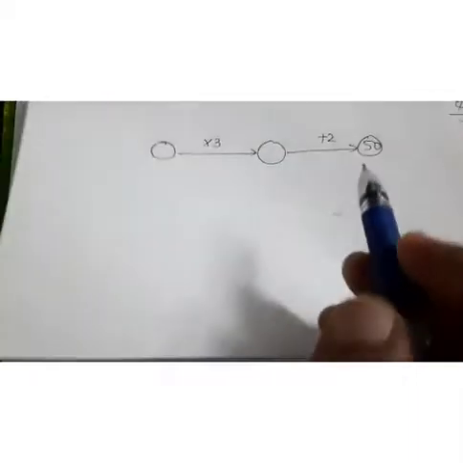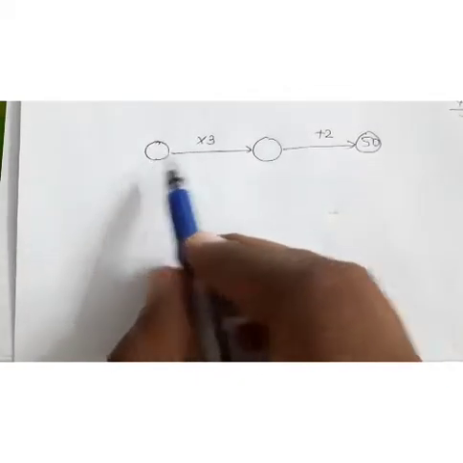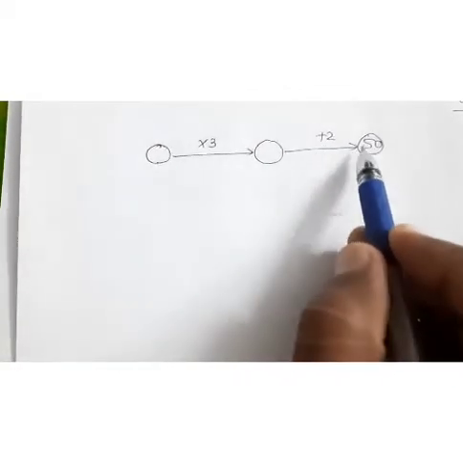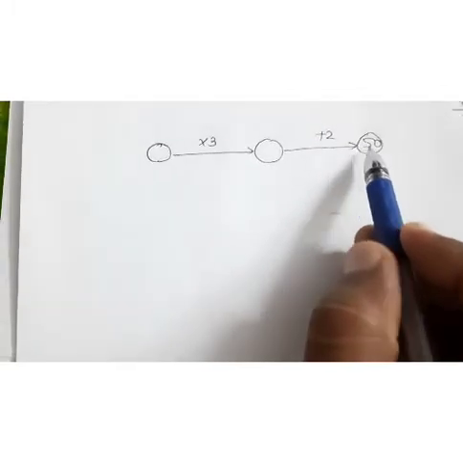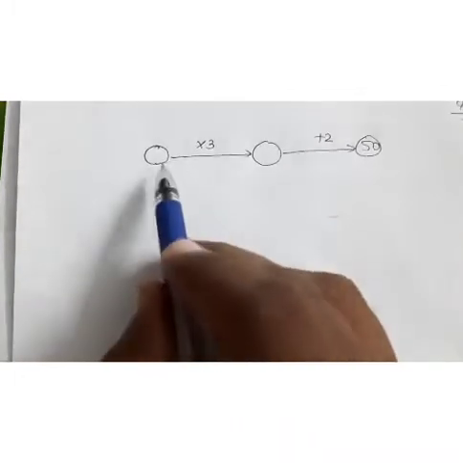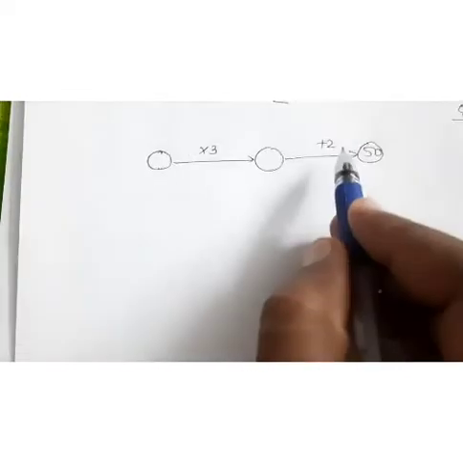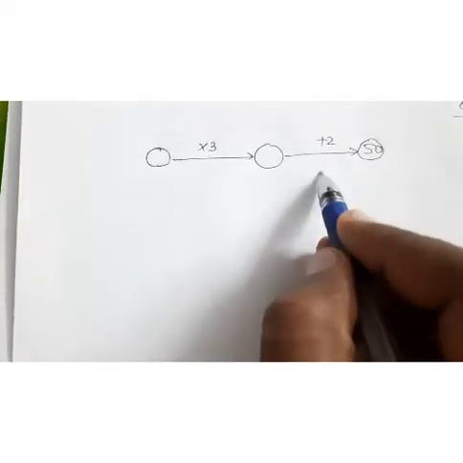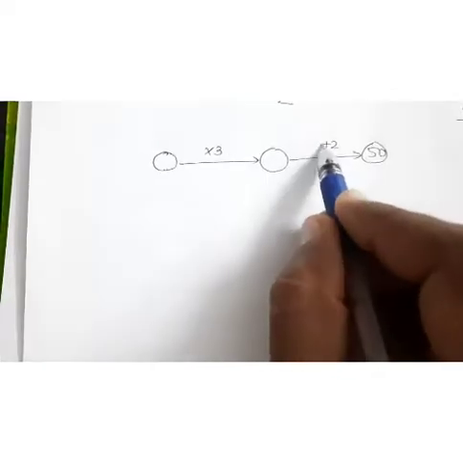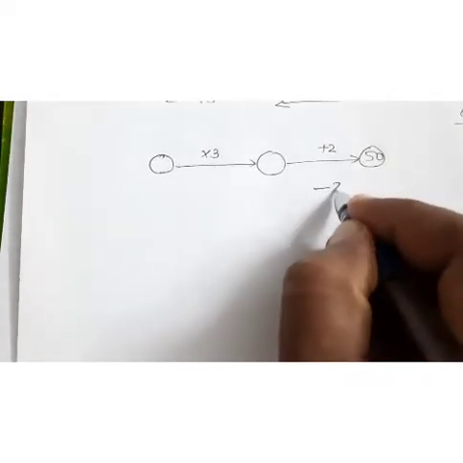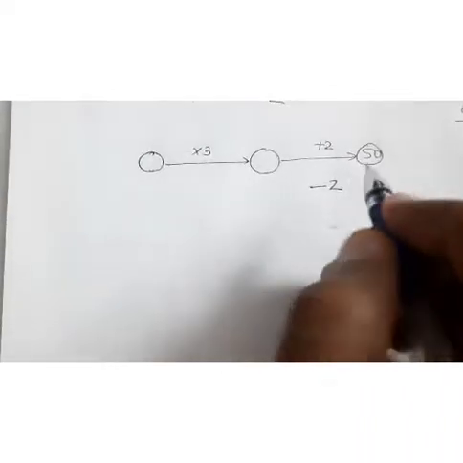An unknown number multiplied by 3 and added 2 will give 50. The final result is 50, and we have to find the first number. So by the inversion method we take the reverse. Addition becomes subtraction.